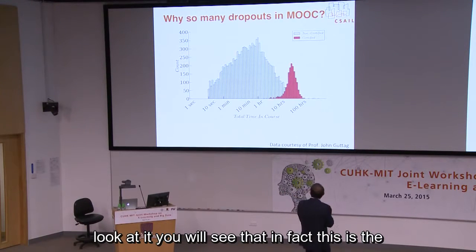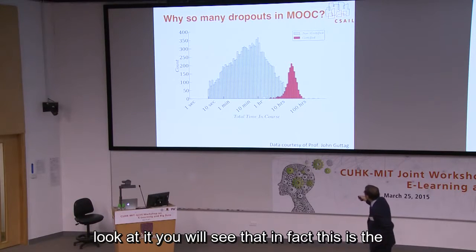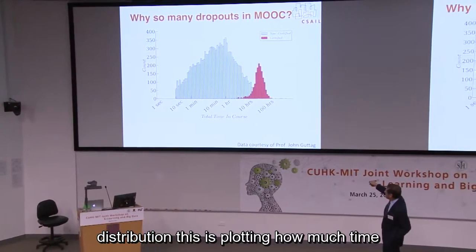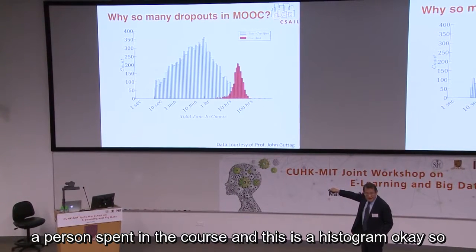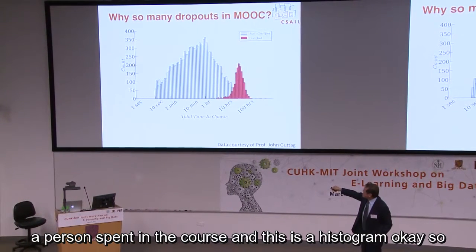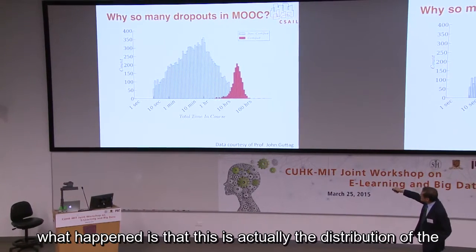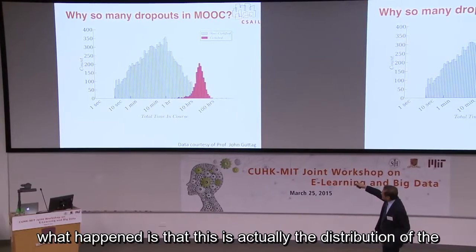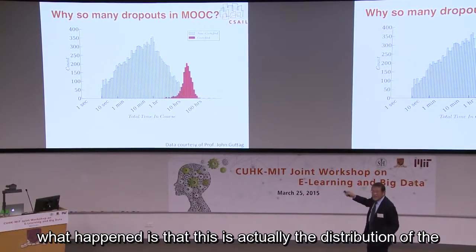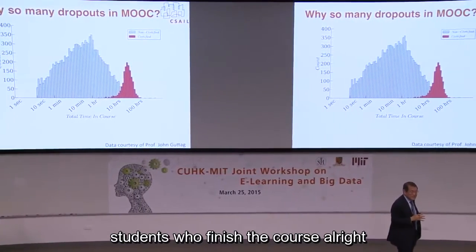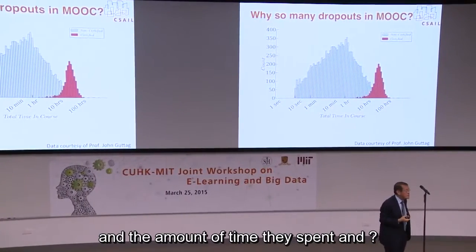And if you look at it, you will see that this is the distribution. This is plotting how much time a person spent in the course. And this is a histogram, okay? So this is actually the distribution of the students who finished the course, all right? And the amount of time they spent.